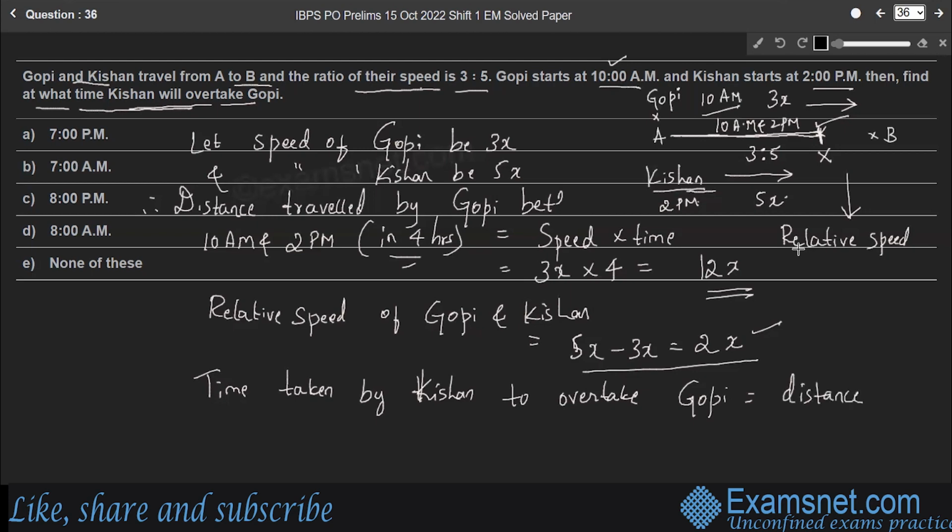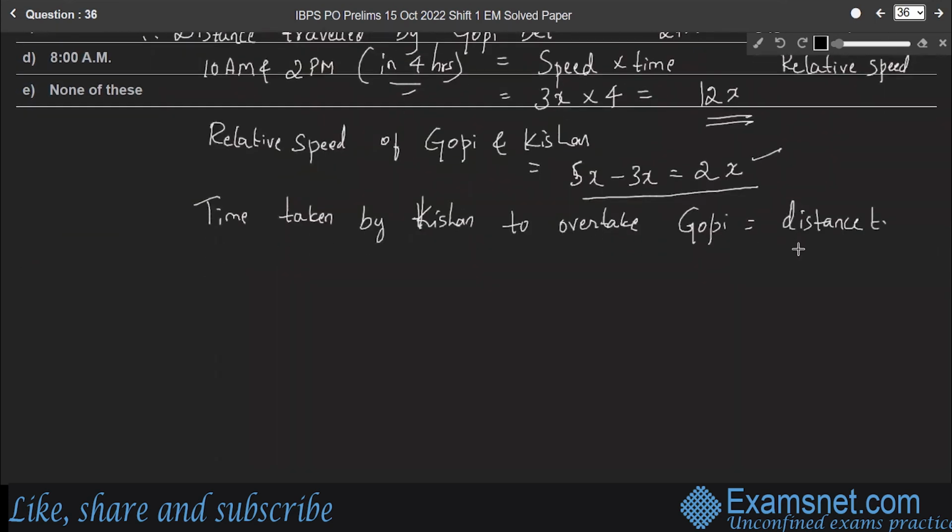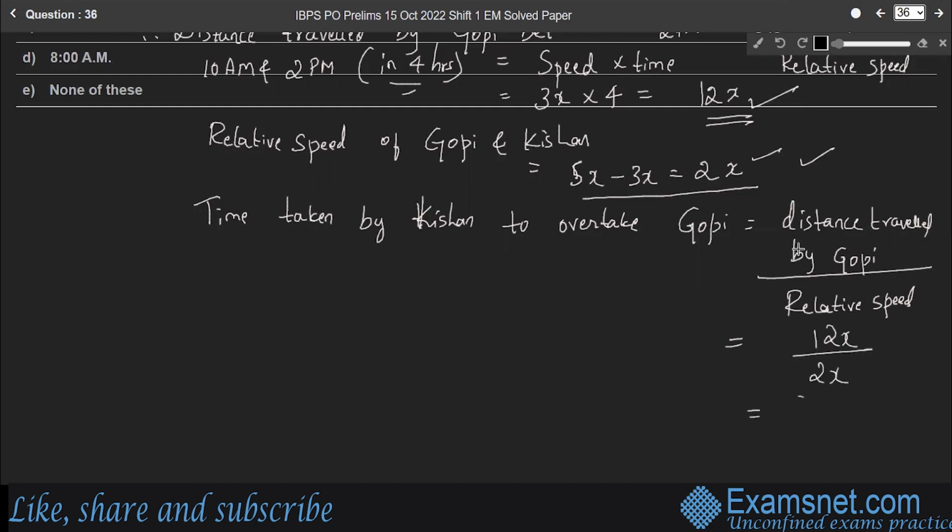So the distance traveled by Gopi divided by relative speed. Speed of one person with respect to another person is called relative speed, right? So the distance traveled by Gopi is 12x and the relative speed is 2x. Therefore, the time taken to overtake Gopi is 6 hours.